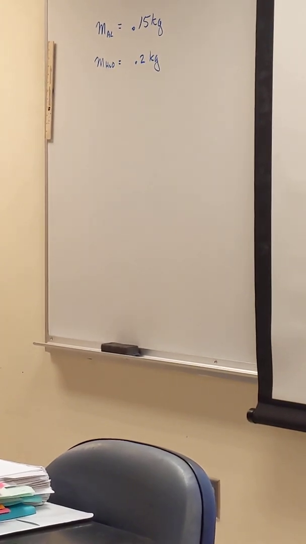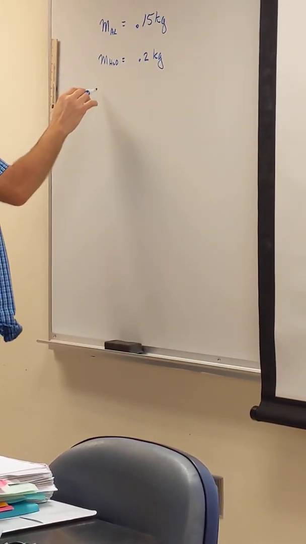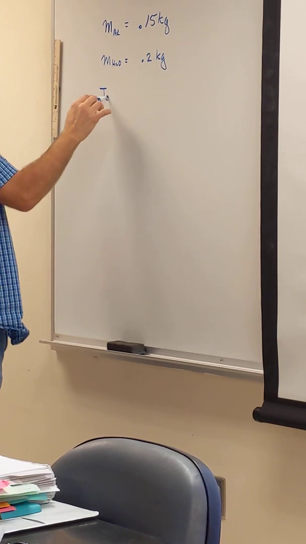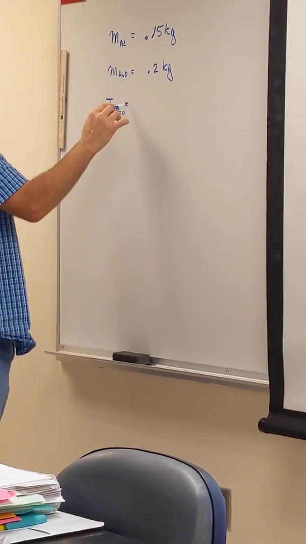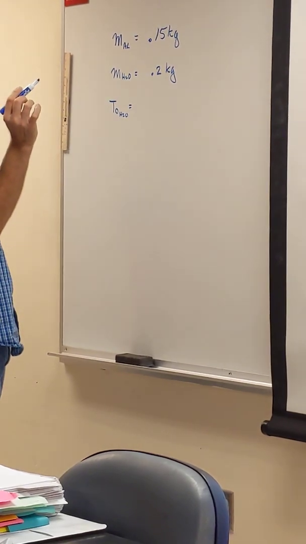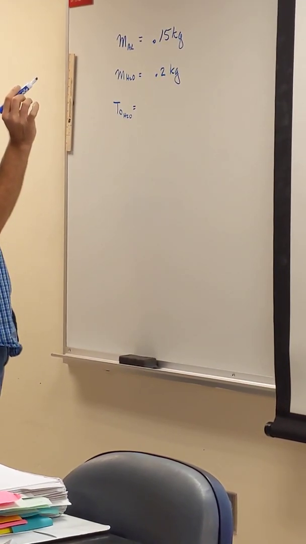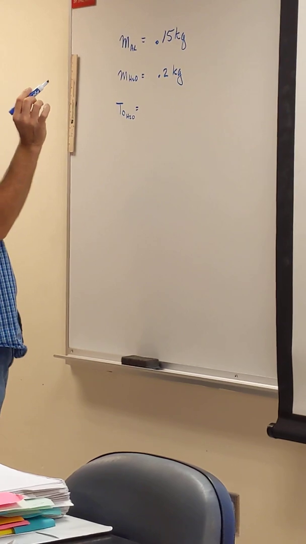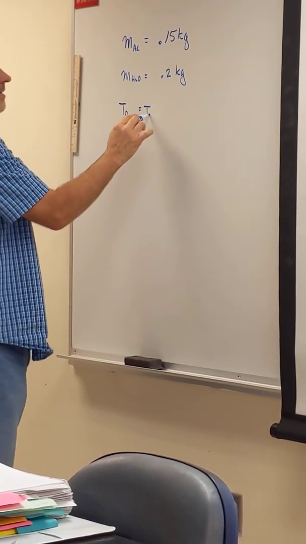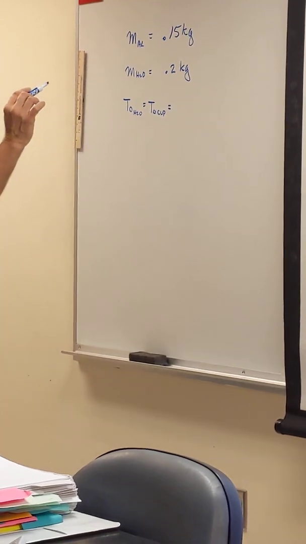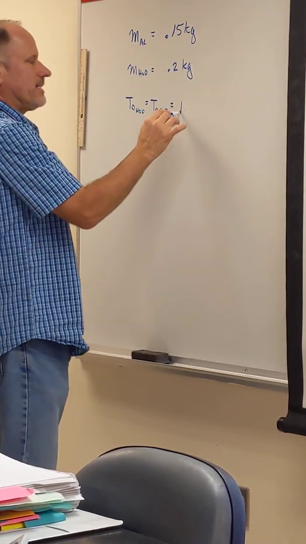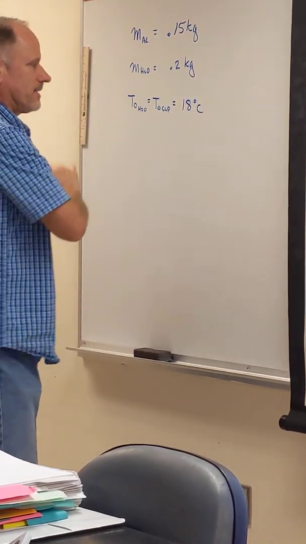And the water and the cup have the same temperature. So T initial of H2O equals T initial of the cup, the aluminum container. Do they give us the original temp? They do. 18 degrees Celsius.